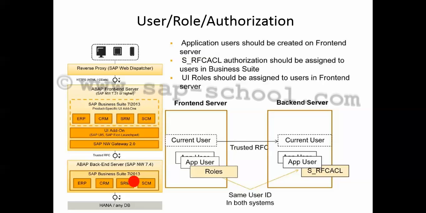The user should have the UI role in the front-end server and the backend role in the backend server. This red dot represents that the users, the roles and the authorizations exist in the backend server as well.